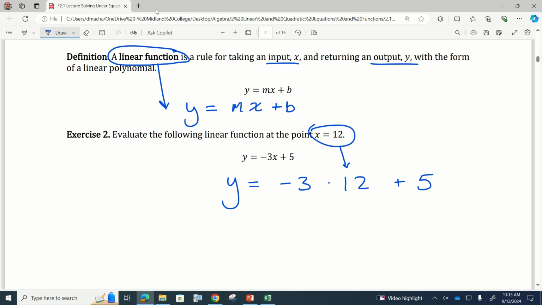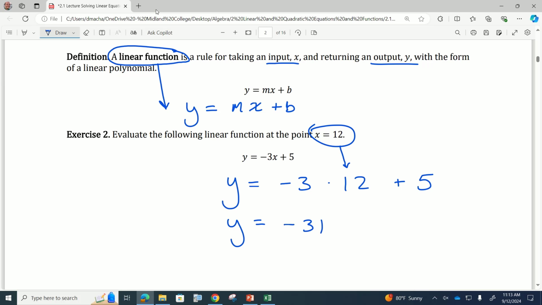So we've got y equals -3x plus 5. Now we've got y equals -3 times 12 plus 5. And then that means y is equal to -31. Right? It would be -36 plus 5, so -31.